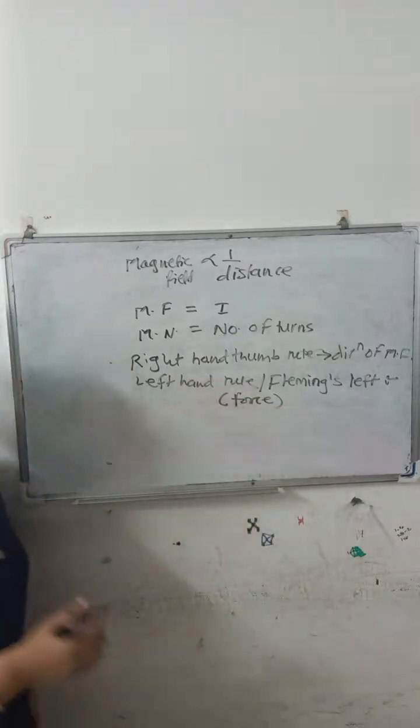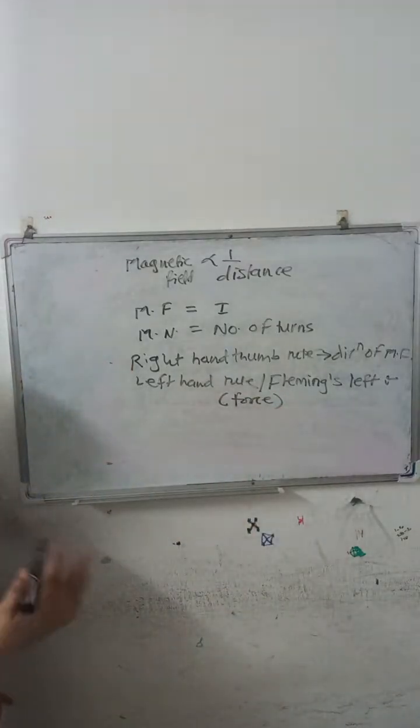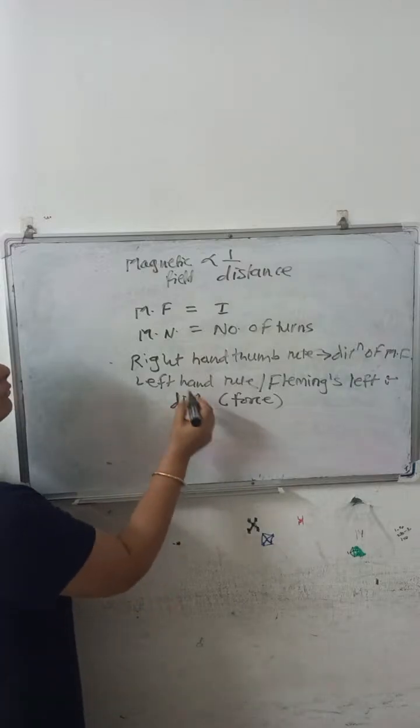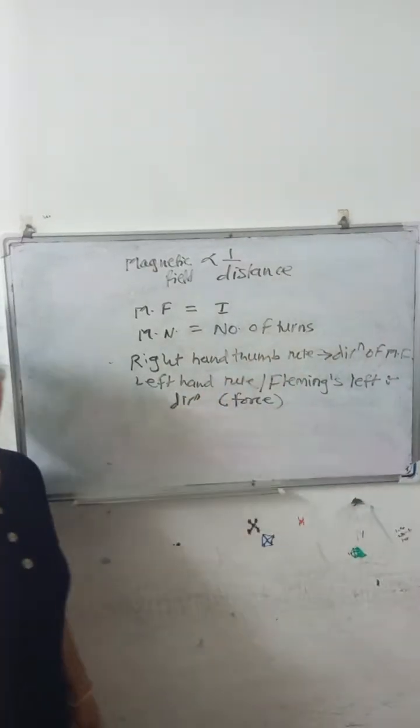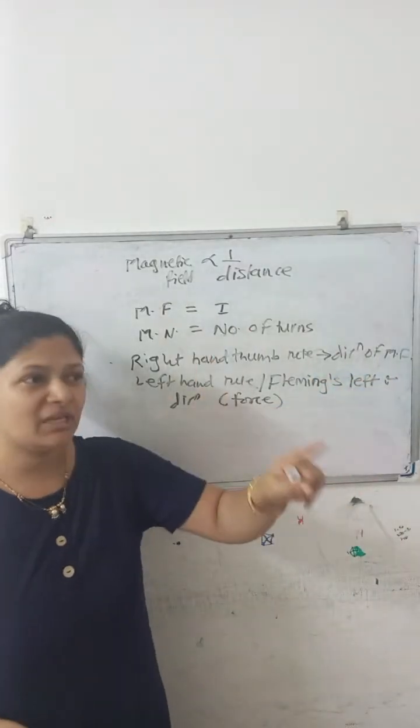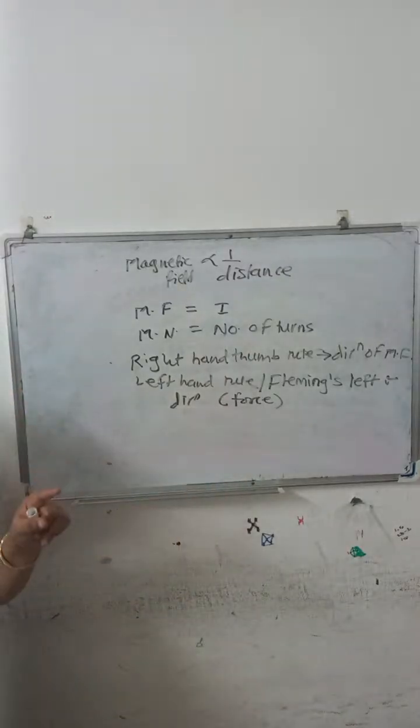Very important, they may ask: Fleming's left hand rule gives the direction of force, and the right hand rule gives the direction of magnetic field, not magnetic force. But Fleming's left hand rule always gives the direction of force.